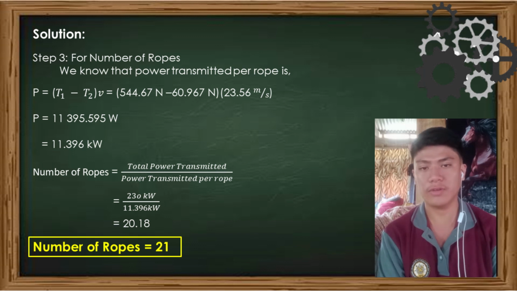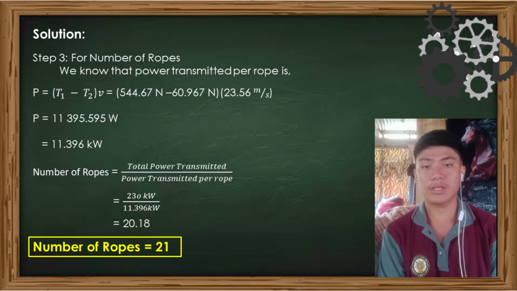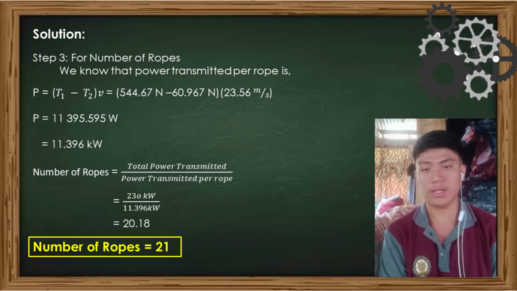Substituting to the given formula, the power transmitted per rope is 11,395.595 watts or 11.396 kilowatts. Substitute this value to the formula in finding the number of ropes. While the total power transmitted was already given in the problem, the calculated number of ropes is 20.18.